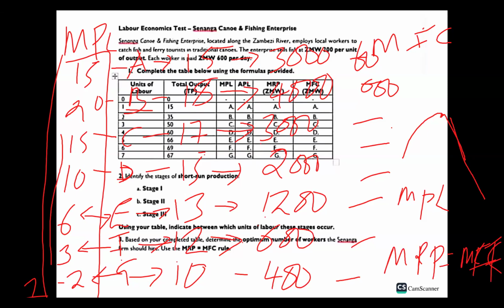Where are they equal? Six. Yes, at unit number 6, right? They are all equal to each other. It's 600, 600, right? So you see, 6 workers, because that's the optimal number. Okay.